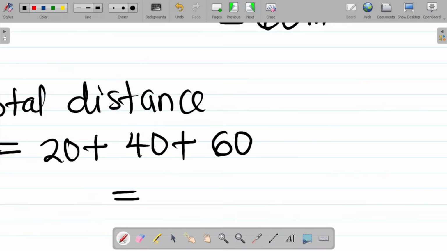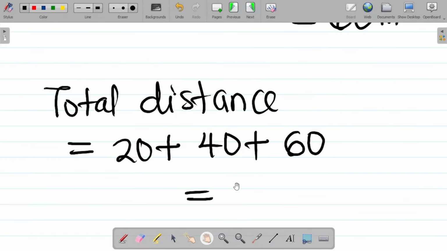All right, so let's calculate this. 20 plus 40 gives you 60, plus 60 gives you 120 meters. So the total distance covered by this particular body or this particular diagram here is 120 meters. So this is how we solve this question.